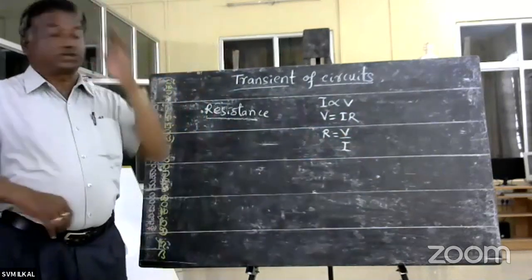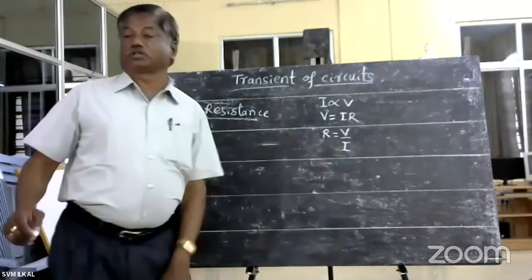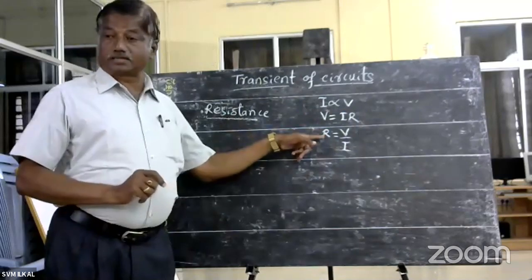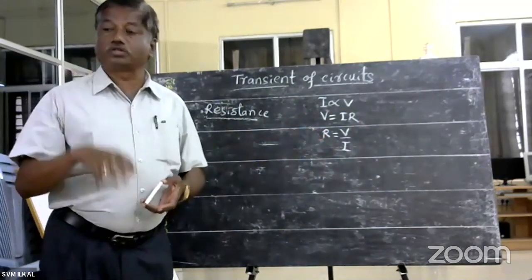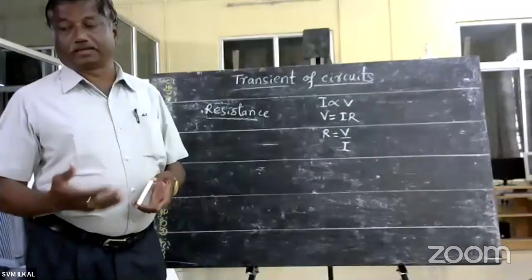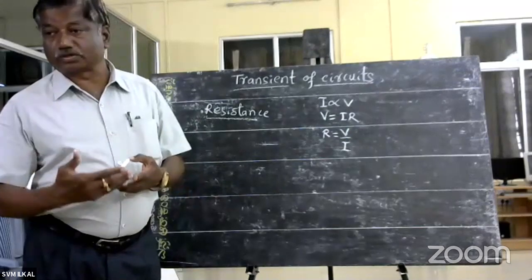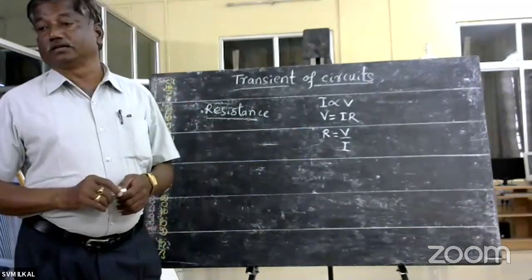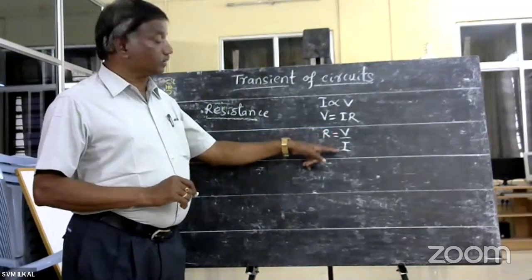So the definition of resistance is the opposition to the flow of a current. The resistance of a conductor is the opposition to the flow of a current. If there is more opposition, there is less current. If there is less opposition, there is more current in the circuit. That's why the resistance of a conductor is measured by the ratio of voltage to the current.